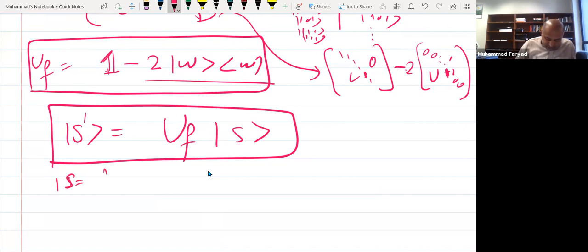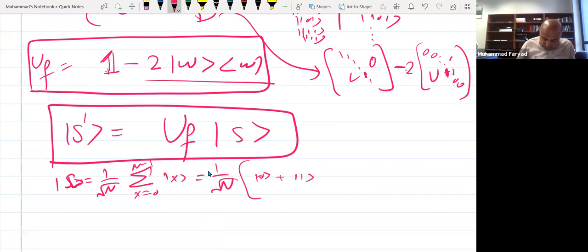S state is nothing but 1 over square root of n, sum x from 0 to n minus 1 of x, which let me just remind you again, means that it's an equal superposition of all the states, and it includes your solution state as well with all plus sign.